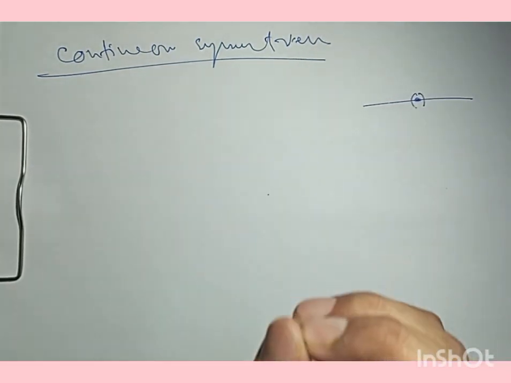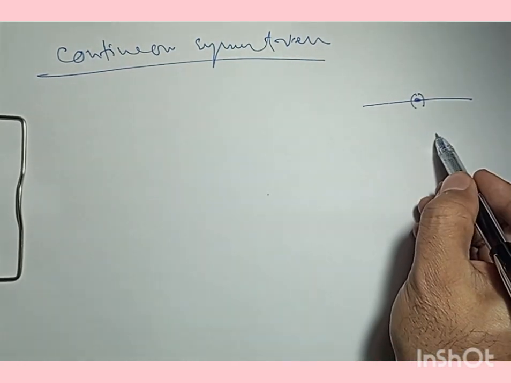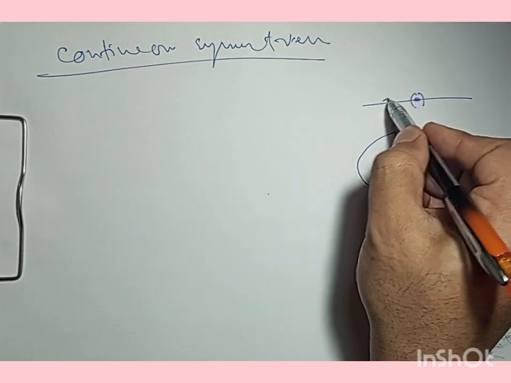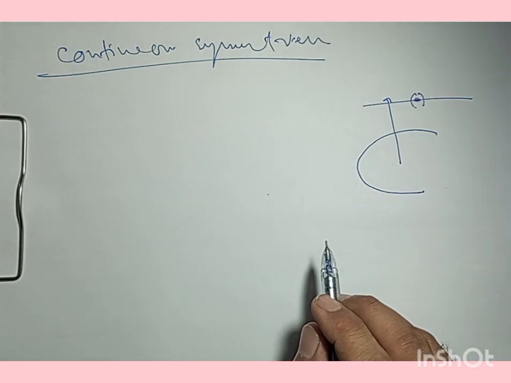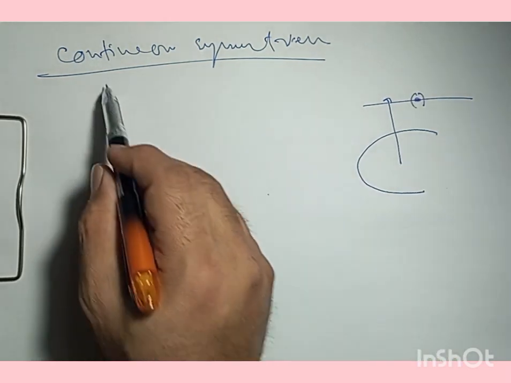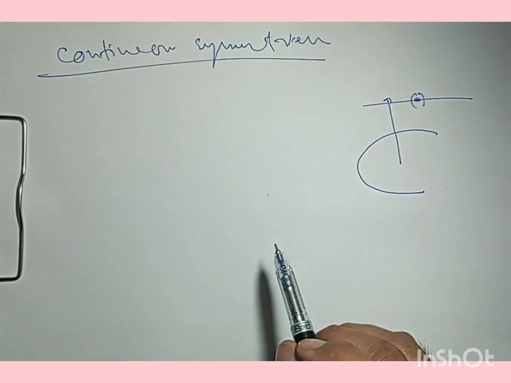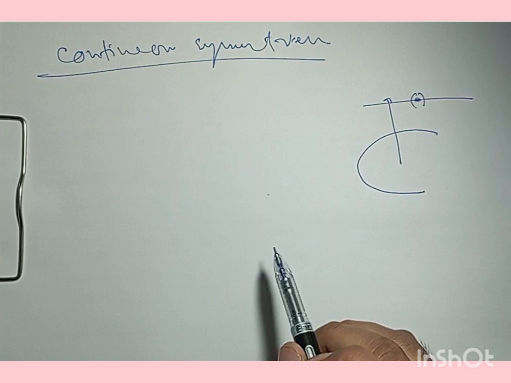For example, the symmetry of a system under small rotation in space. So this is what's called continuous symmetry in particle physics.